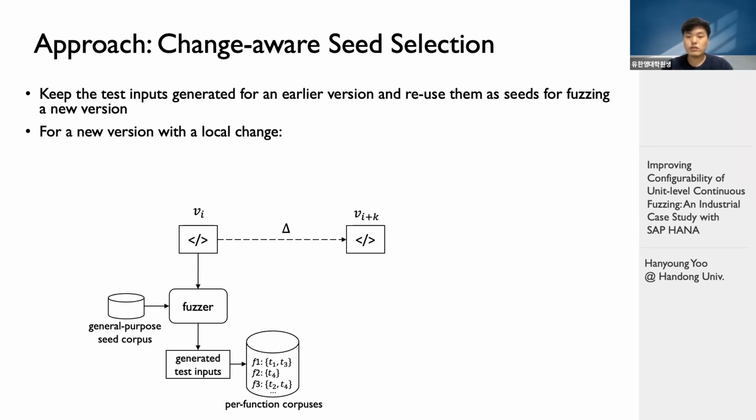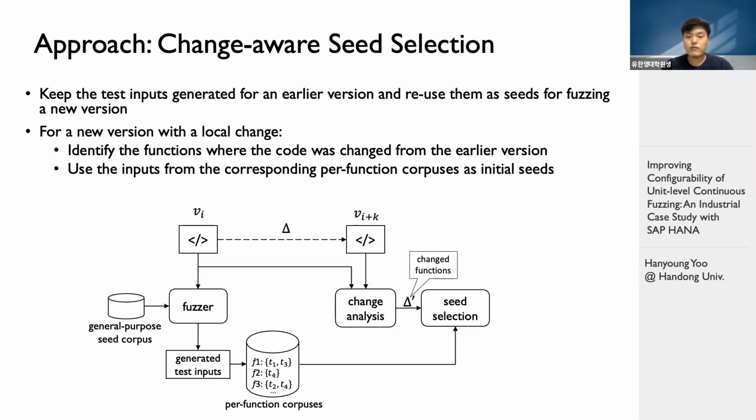When the code change occurs, we find all functions where at least one of the code lines was modified, added, or deleted. Regarding those functions, we select the inputs from the corresponding per-function corpus. Finally, we conduct fuzzing for the changed functions. We used change-relevant seeds instead of the general-purpose seed corpus.